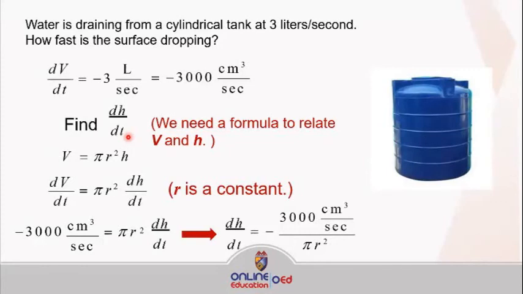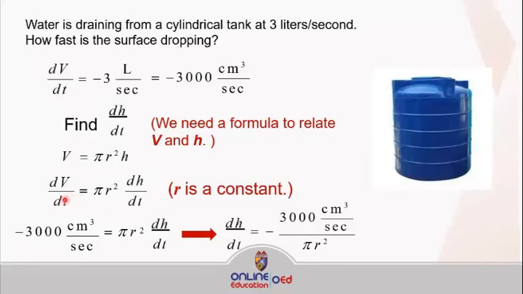The formula for the volume of a cylinder is V is equal to pi r squared h. Our r is constant, so since it is constant, we will not take the derivative of r. Therefore, we have dV over dt is equal to pi r squared times dH over dt. And we just substitute our values.